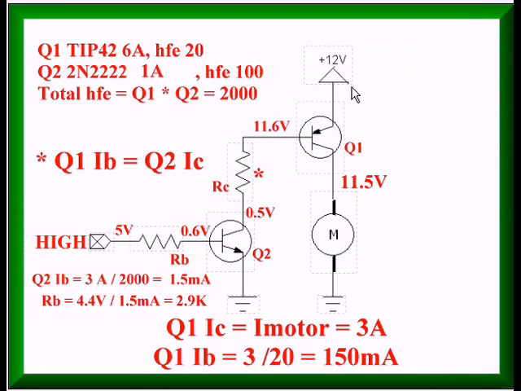So let's look at it this way. What happens is the HFEs of the two individual transistors multiply together. So the HFE of Q1 times Q2 is 2000.